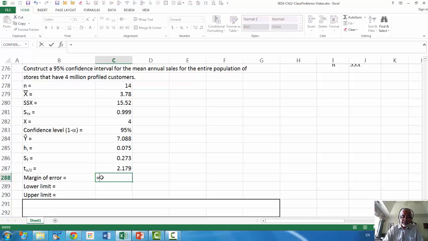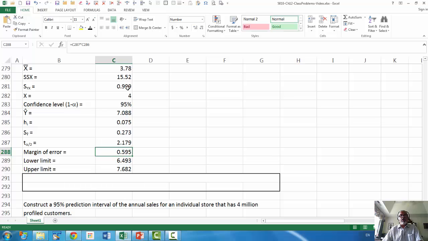So the margin of error is t times s sub y hat, and then you go y hat minus margin of error, and y hat plus margin of error. So this is the confidence interval for the mean of y.